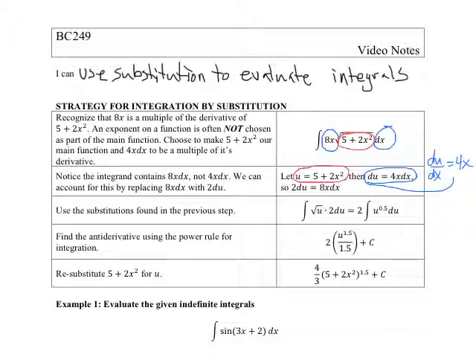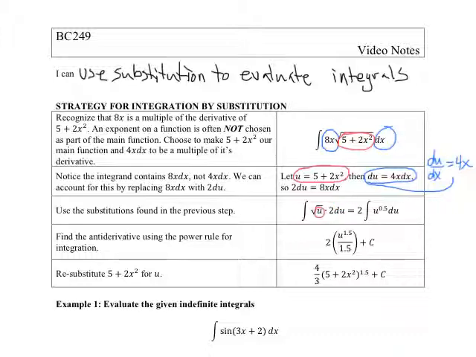If we double that, we get 2 times du, which matches more like what we have here, the 8x dx. And so now we can substitute the values in. We're taking the square root of u, which remember was 5 plus 2x squared, and then our 8x dx gets replaced with 2 du.